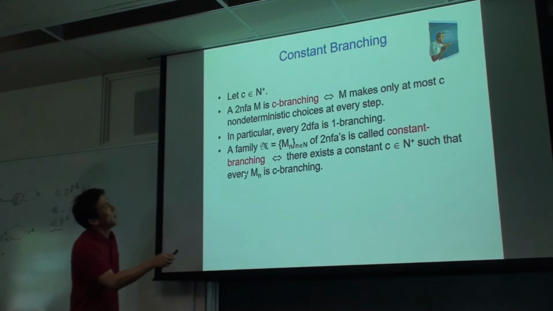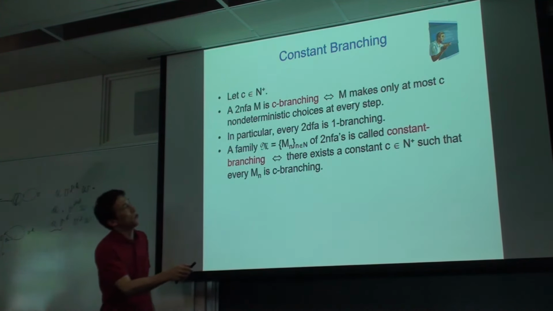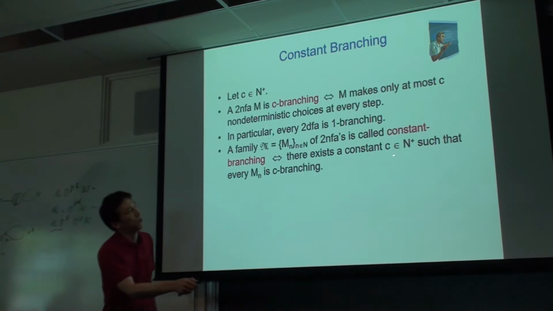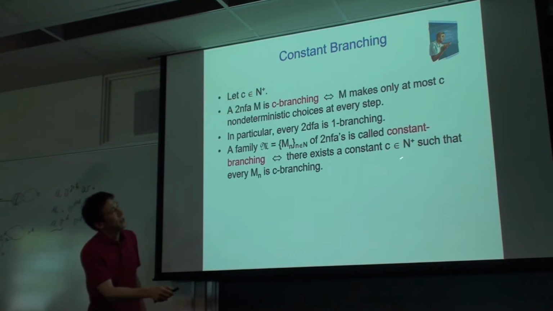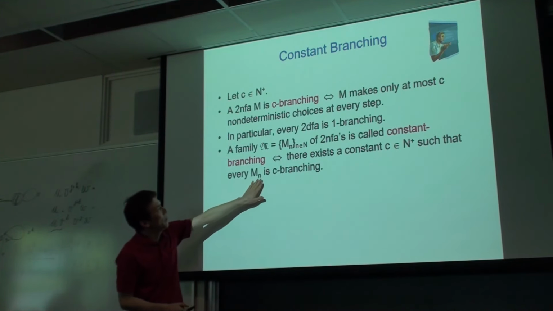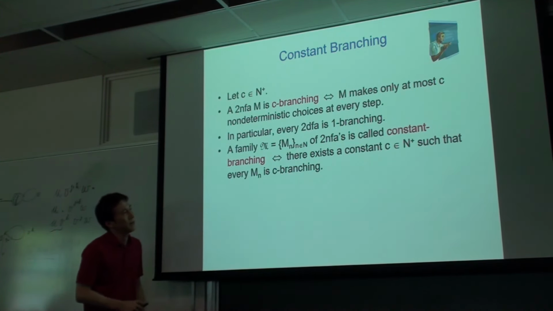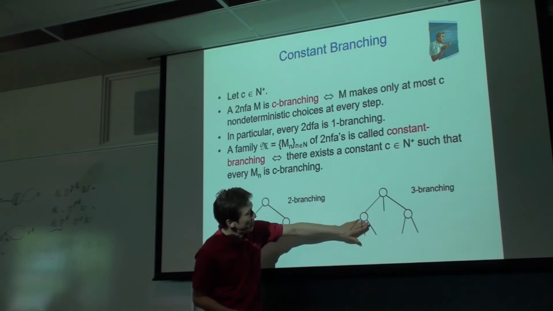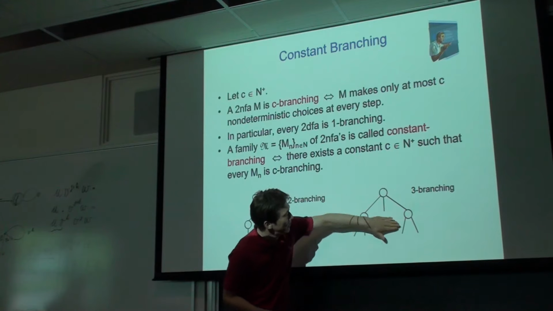But then if you think about the family of the 2NFA, the constant branching means that we have some constant that bounds every possible finite state automaton in this family, by C-branching. So that means this is the 2-branching, and this is the 3-branching, because there are 3 choices here, but this is 2.